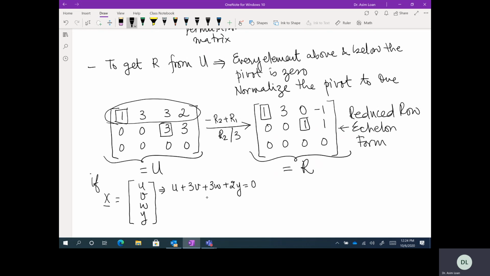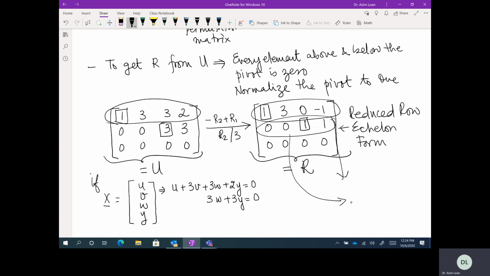And then 3w plus 3y equals 0. By the way, this equation is simply w plus y is equal to 0.